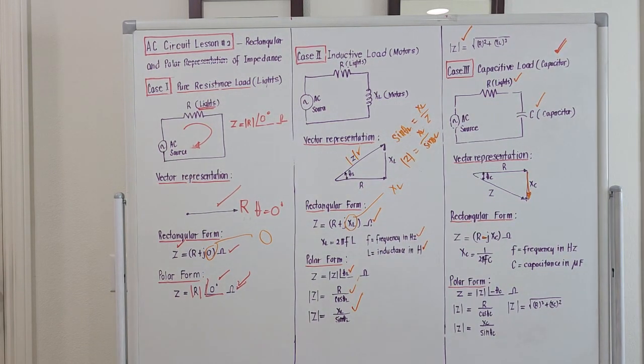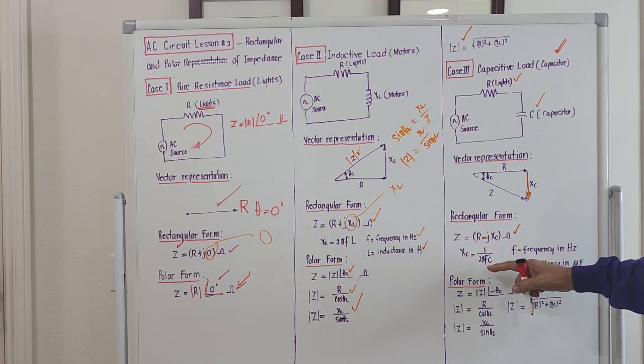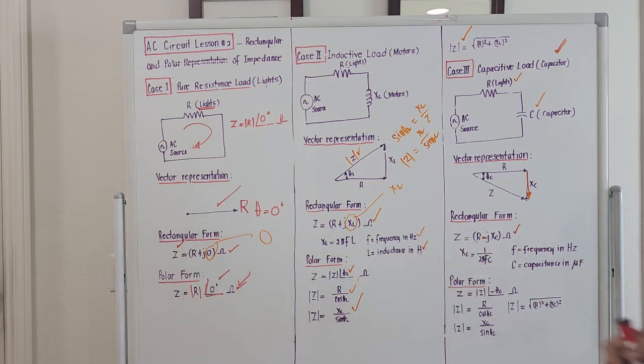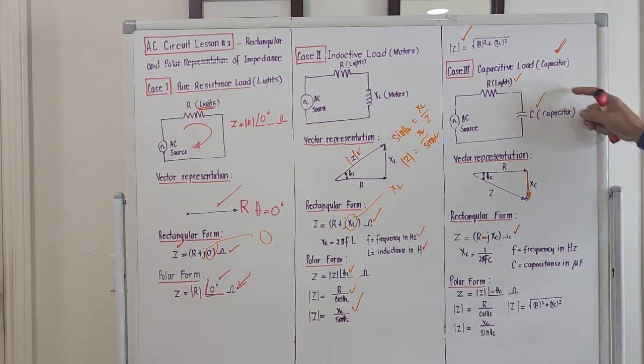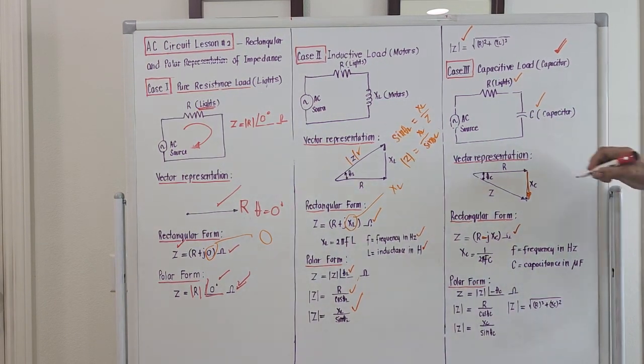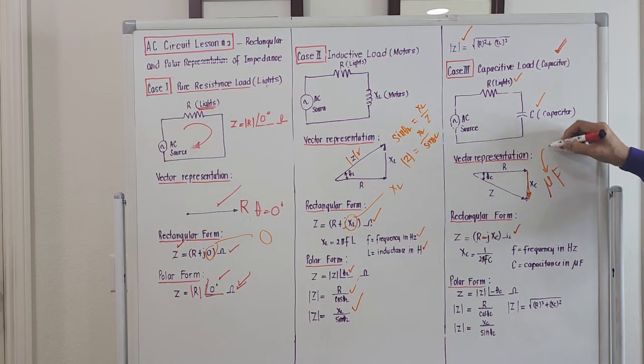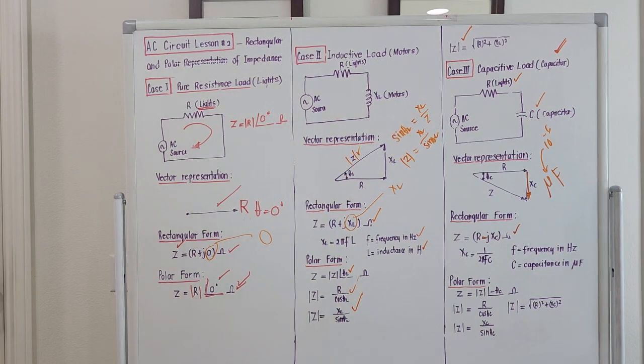The value of X of C will be 1 over 2 pi f C, the reciprocal of this, where the small letter f is the frequency in hertz and capital letter C is the capacitance of the capacitor in microfarad. This is the symbol for microfarad, which is 10 to the negative 6. We read this as microfarad. That's the unit of capacitors.